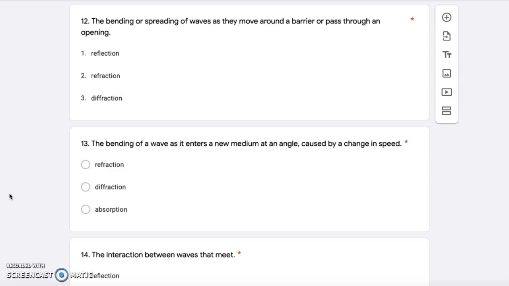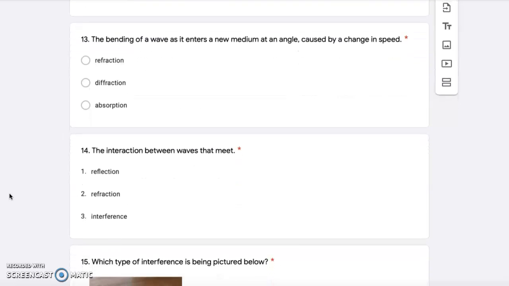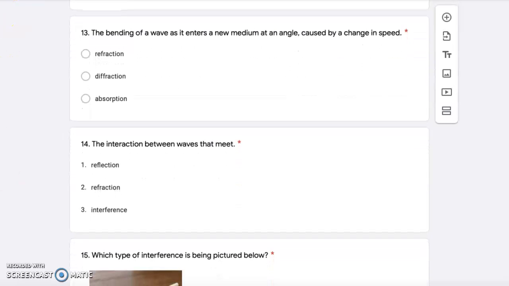Reflection, refraction, or diffraction. Number 13. The bending of a wave as it enters a new medium at an angle caused by a change in speed. Refraction, diffraction, or absorption.